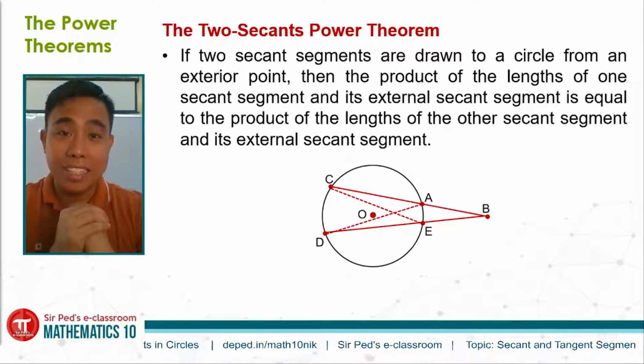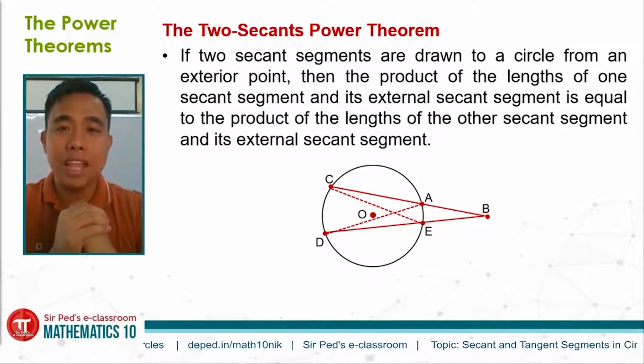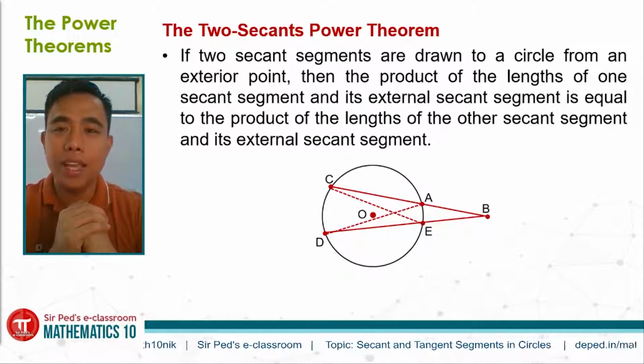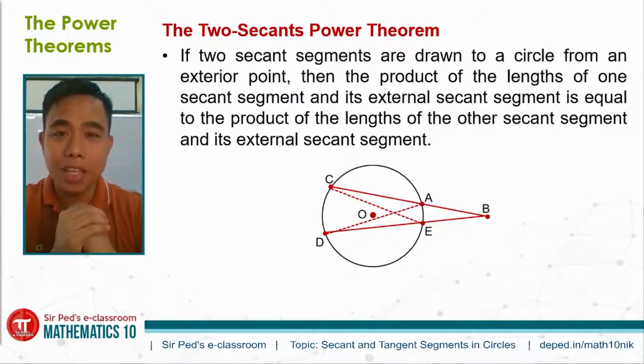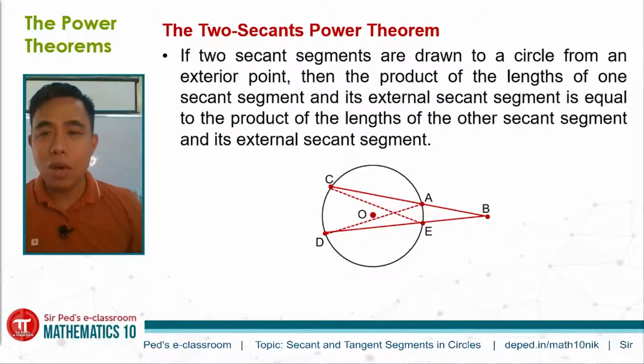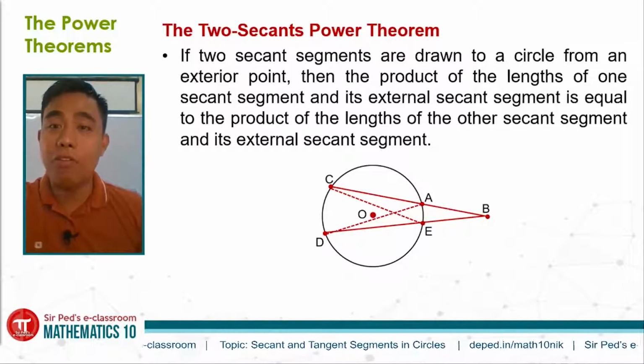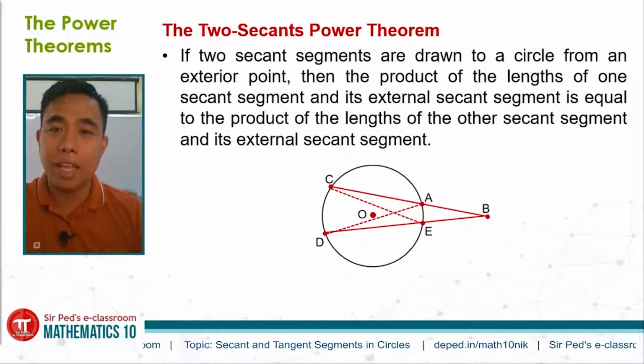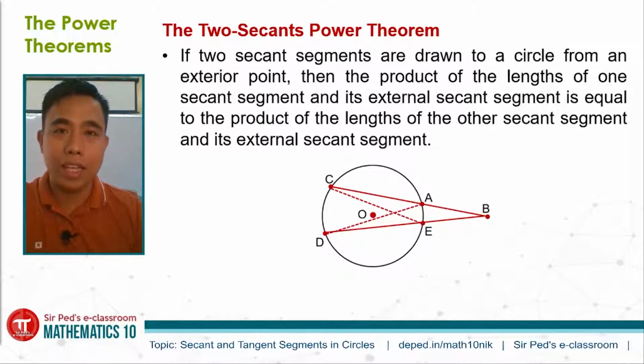It states that if 2 secant segments are drawn to a circle from an exterior point, then the product of the lengths of one secant segment and its external secant segment is equal to the product of the lengths of the other secant segment and its external secant segment.